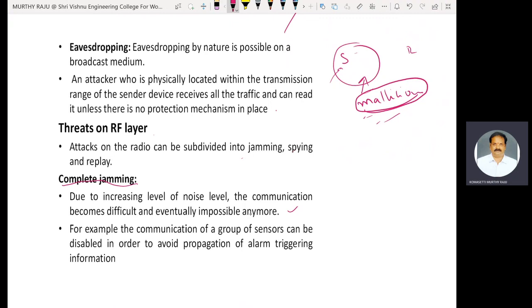For example, the communication of a group of sensors can be disabled in order to avoid propagation of alarm triggering information.